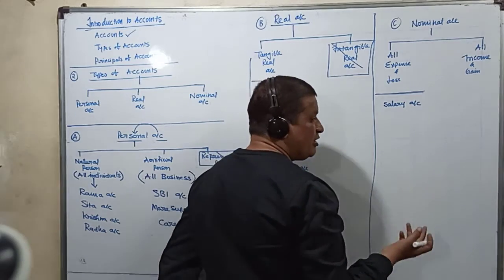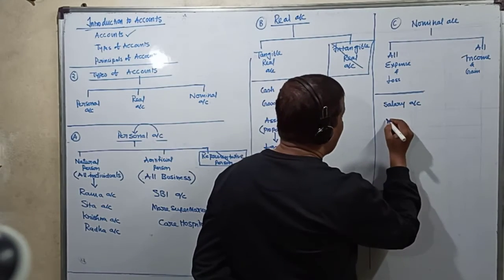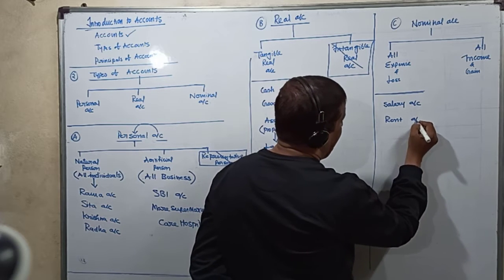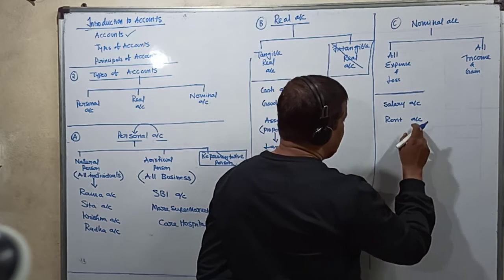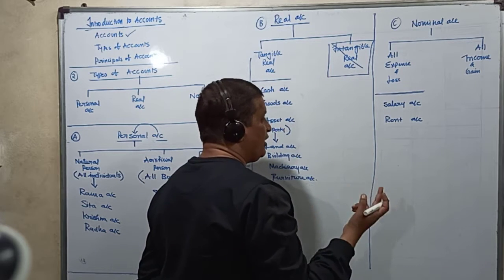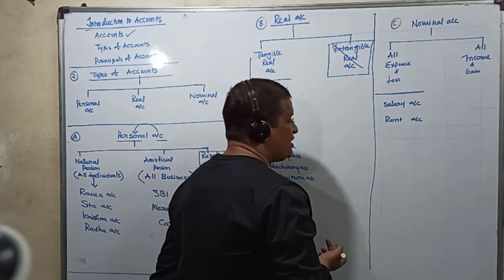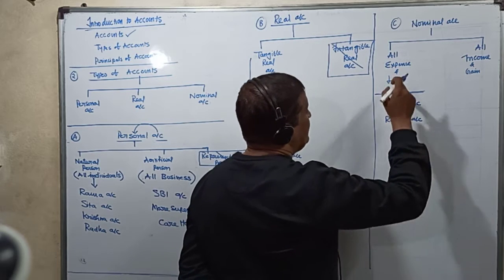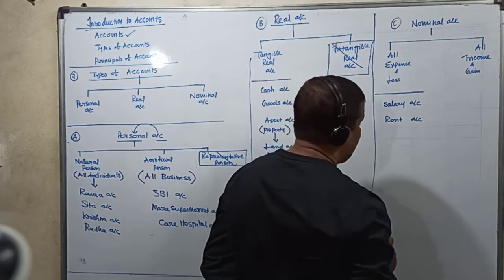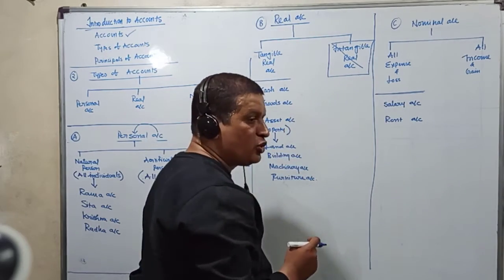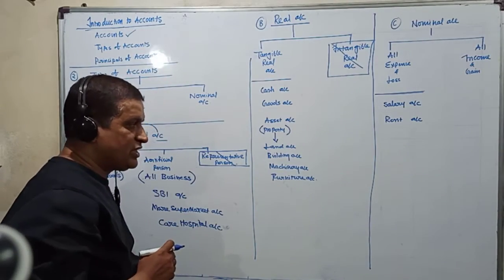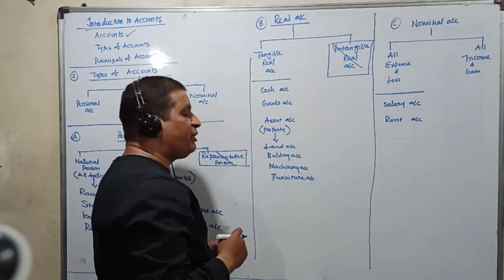Then the business is in a premises for which they are paying rent to the landlord. So rent account. So this account is representing rent, and rent is being paid by the business owner. Any amount that is paid is called as an expense. So rent is an expense, therefore rent account is a nominal account. Then the businessman borrows loans, and on these loans he needs to pay interest.